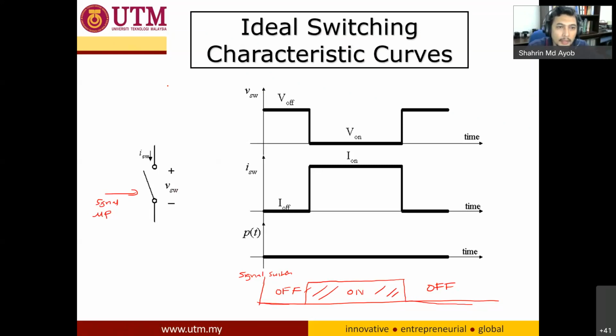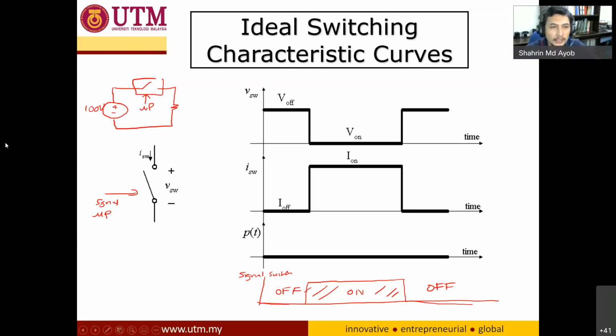And I would like to draw again this very simple circuit. For example, this one is 100 volt DC, and then you have a switch here, and then you have a load. This switch is controlled by your microprocessor.